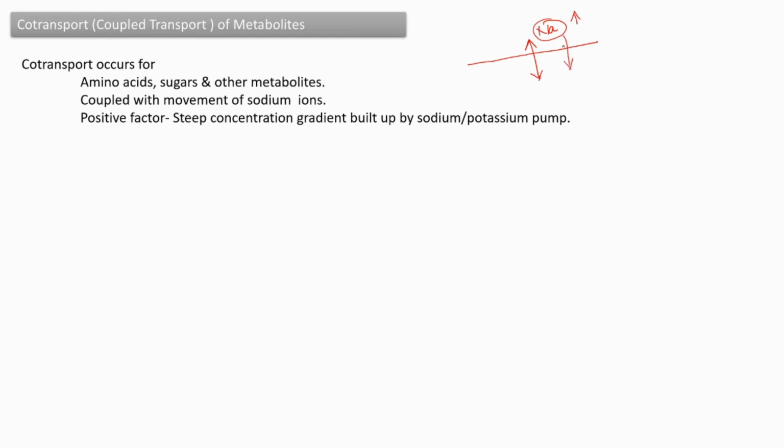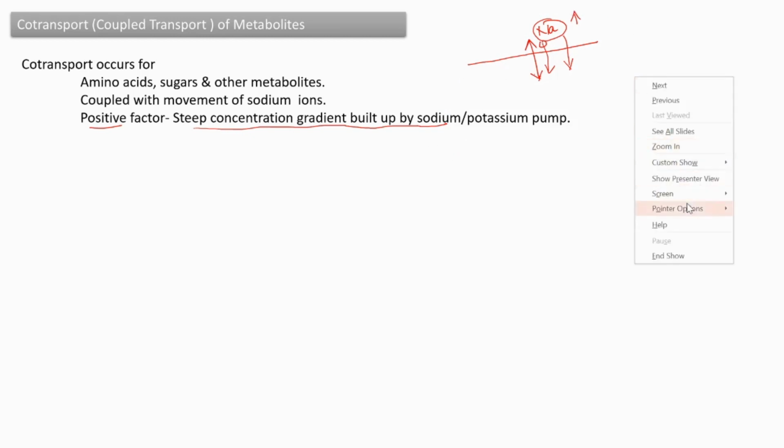By taking account of that property, some other molecules can also be transported by a particular carrier from outside to the cell's inside. That is the favorable factor, depending on the steep concentration gradient built up for sodium or potassium. Using that, some other molecules are also transported into the cell. Next, we are going to see that process.